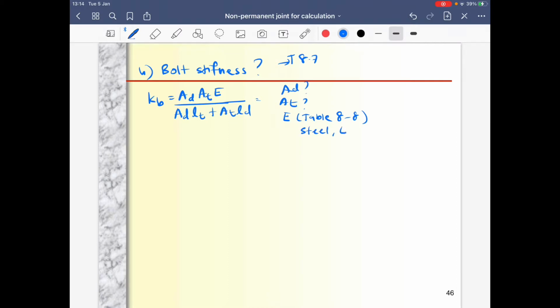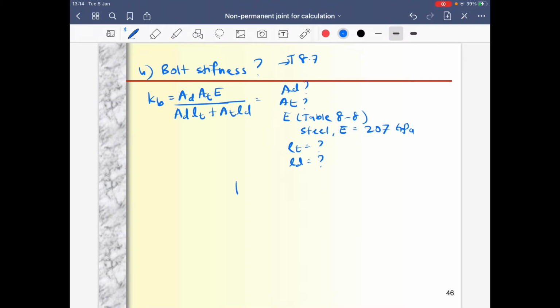So E for steel, the Young modulus, or modulus of elasticity, all of them are the same, is 207 gigapascal. LT, LD, yes, you figure out.